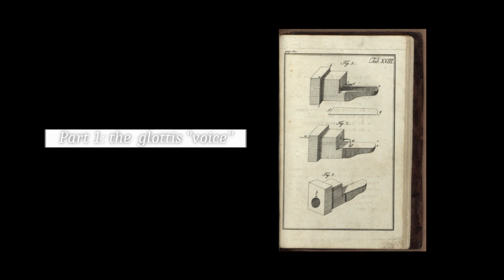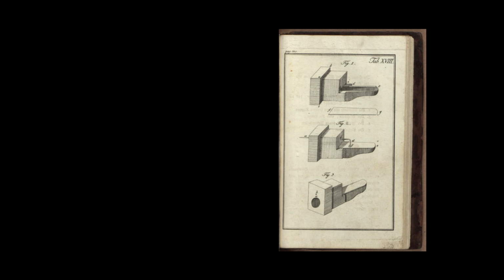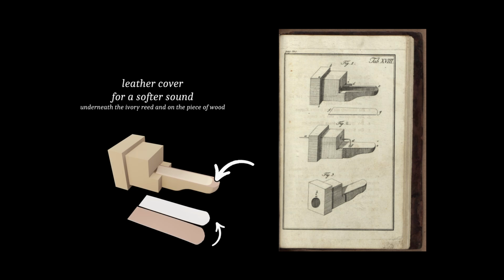Part 1. The glottis, voice. 1 piece of wood, tuning wire, ivory tongue, slightly curved at the end, leather cover for a softer sound underneath the ivory reed and on the piece of wood.